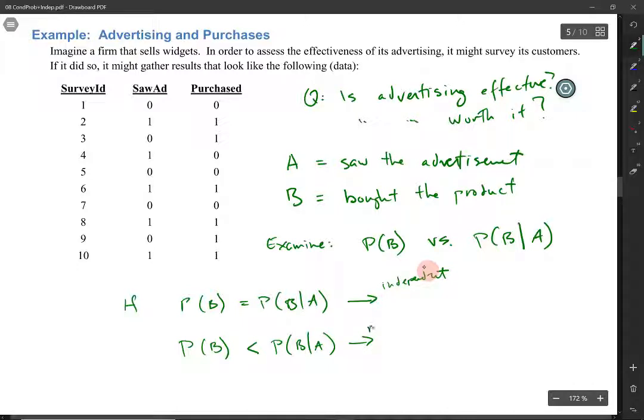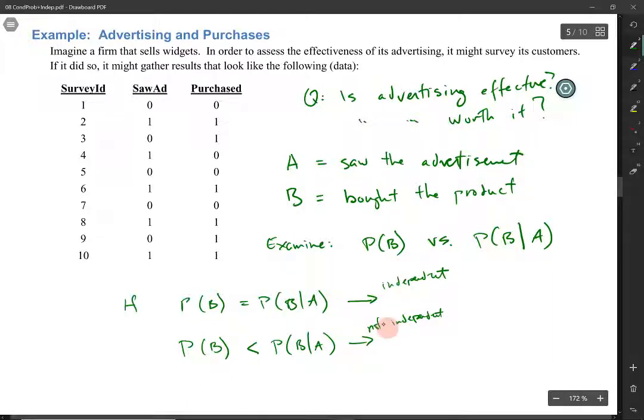Not independent. So if your general probability of people buying, this would be that they're unaffected by the ad, right? Like they saw the ad and it didn't change anything.